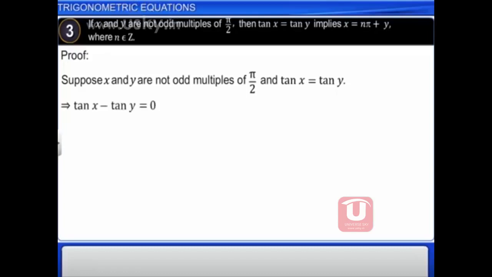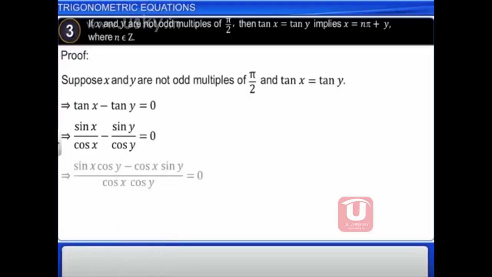This implies tan x − tan y is equal to 0. Or sin x/cos x − sin y/cos y is equal to 0.